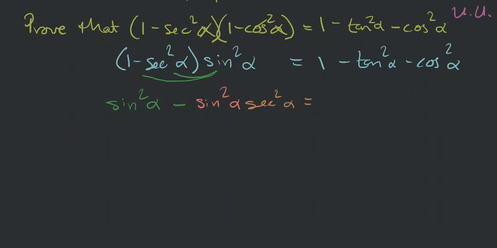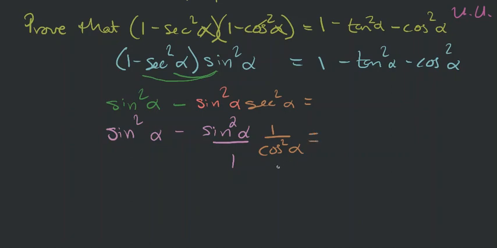So now what are we going to do here? Well, let's just write what we have. Sine squared alpha minus sine squared alpha multiplied by, this is 1 over cos squared alpha. And if it makes you feel better, you can put this over 1. That's fine.